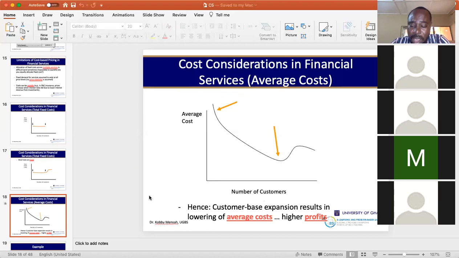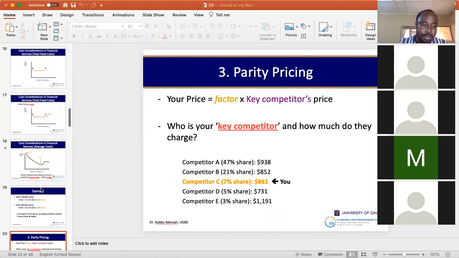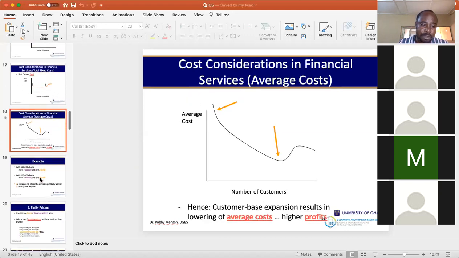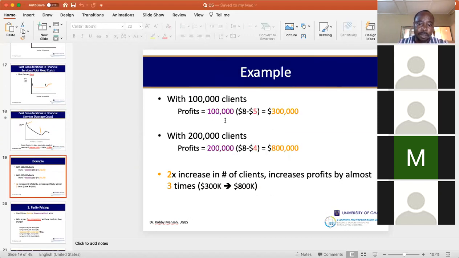Because of what we call economies of scale. Economies of scale sets in and reduces your average cost. So that's the example that we can see there.